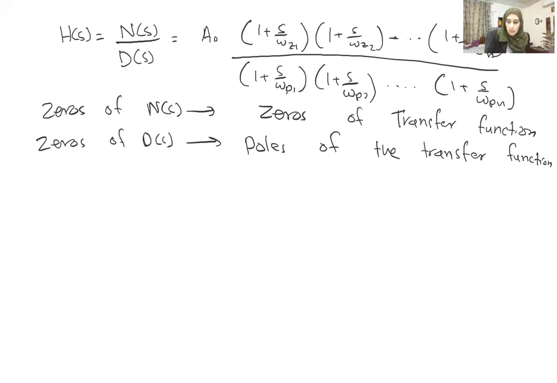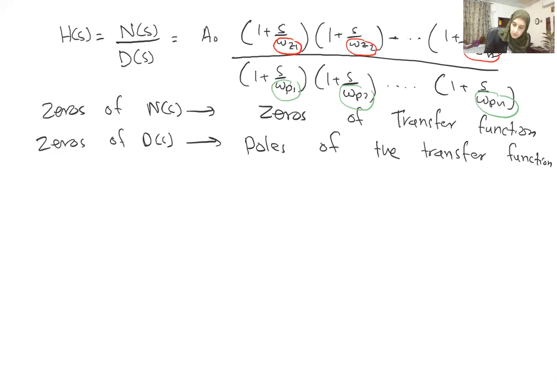So here we have omega Z1, omega Z2, omega Zn are the zeros of our transfer function, while omega P1, omega P2, omega Pn are the poles of my transfer function.